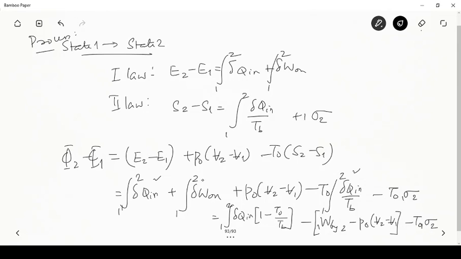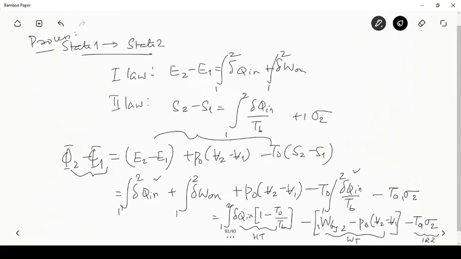So this is the same as phi2 minus phi1. I can say that the change in exergy from state 1 to state 2 has happened by three routes: one is through heat transfer, the other is through work transfer, and the third is through irreversibility.